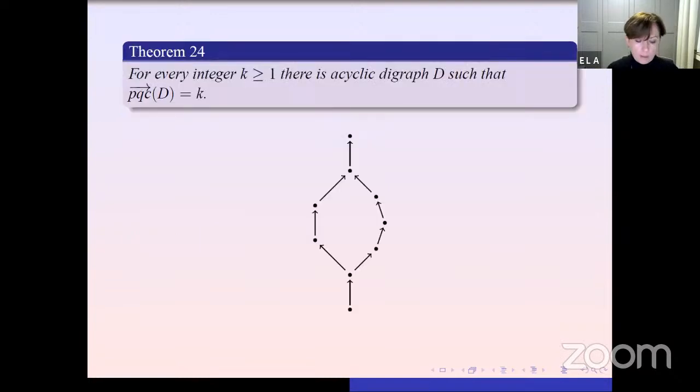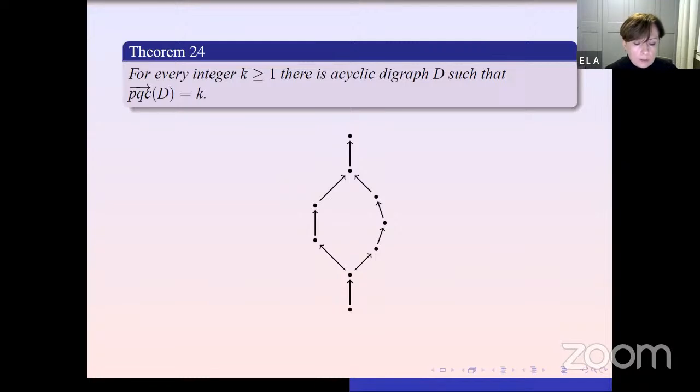And we prove that for every integer k, there is an acyclic digraph D such that the proper quasi-connection number is equal to k. So the proper quasi-connection number of acyclic digraphs can be arbitrarily large. The proof of this theorem is by construction.